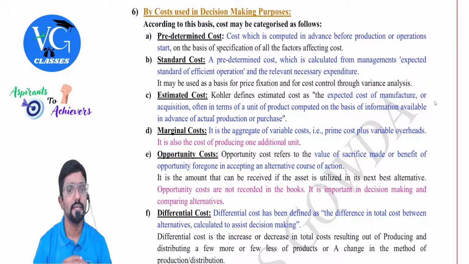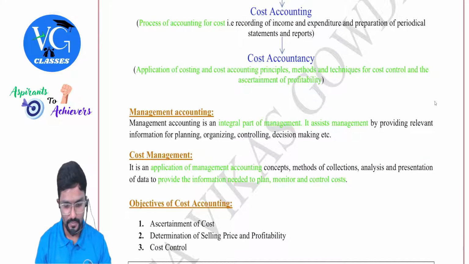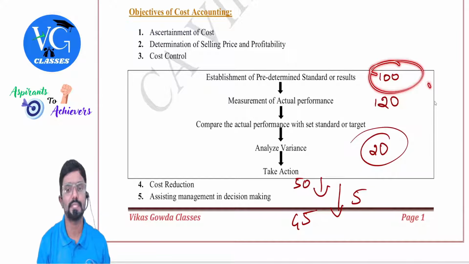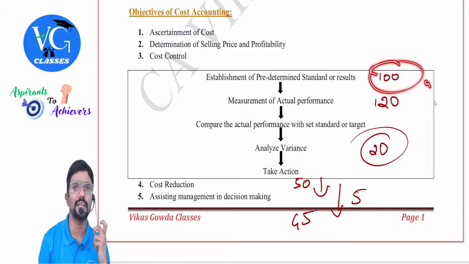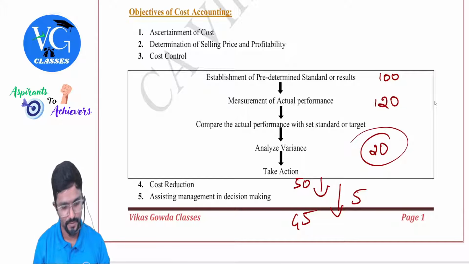It may be used as a basis for price fixation and also for cost control through variance analysis. Do we use it for cost control? Yes, sir. The first element there itself is the standard cost. This 100 rupees is nothing but the standard cost.